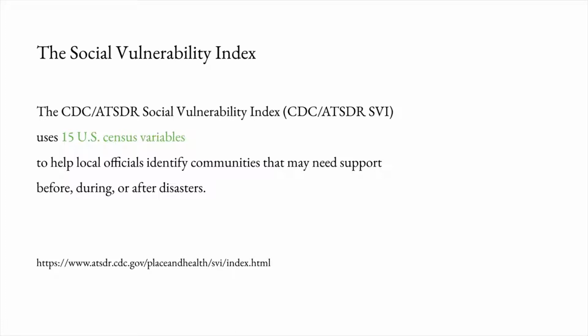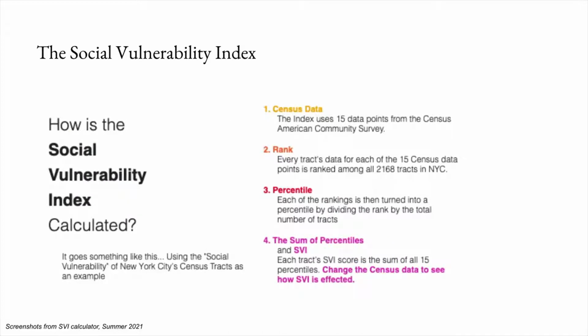In those maps, we used the CDC's Social Vulnerability Index as one of our metrics for allocating healthcare workers and vaccines. The Social Vulnerability Index, or SVI, uses 15 census data points as vulnerability indicators and calculates the percentages of people or residences at high risk as percentiles that are then added to create a composite score for overall vulnerability.